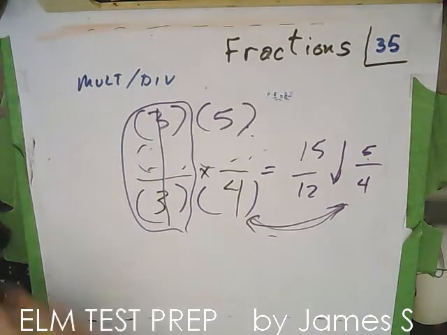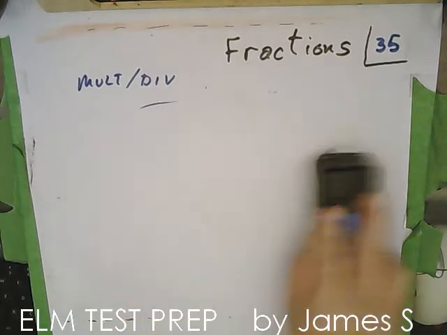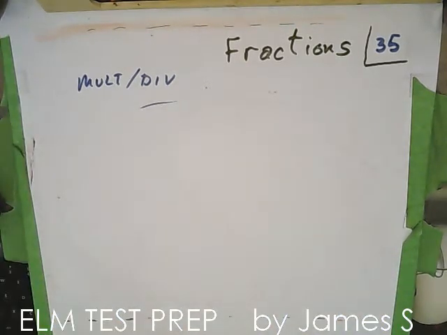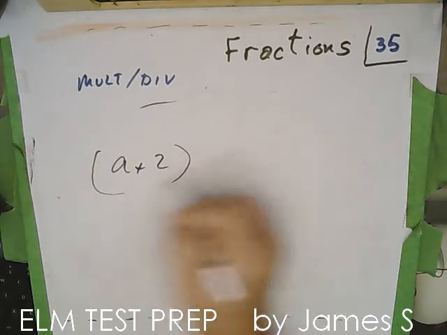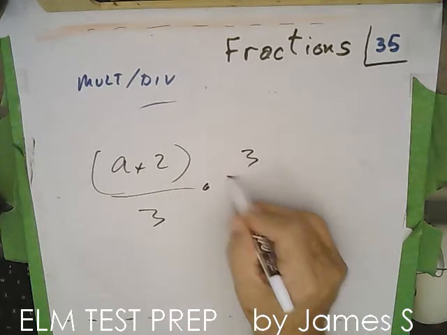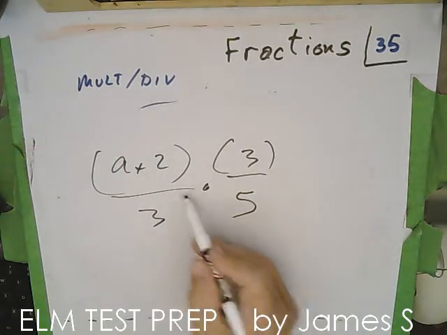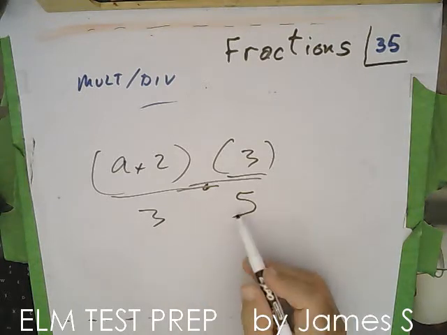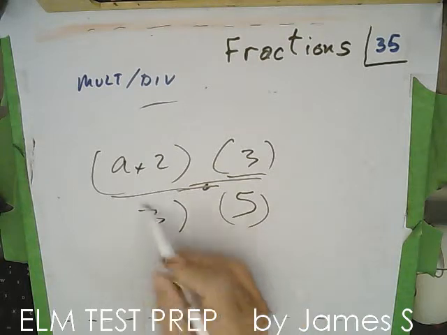So sometimes when we're dealing with fractions and multiplication, we can, and let's go back to, let's say a plus 2 over 3 times 3 over 5. Well, if I draw my line across here, I have this times this, and this times this.